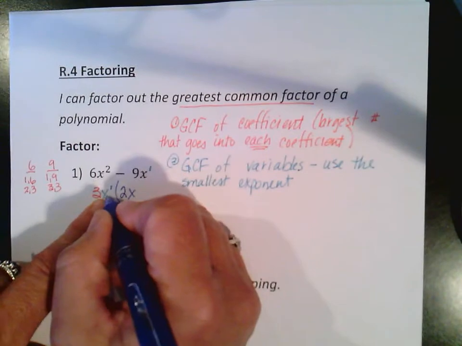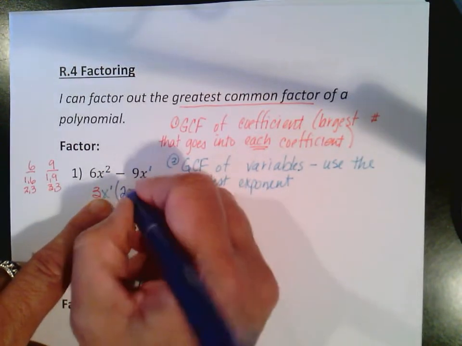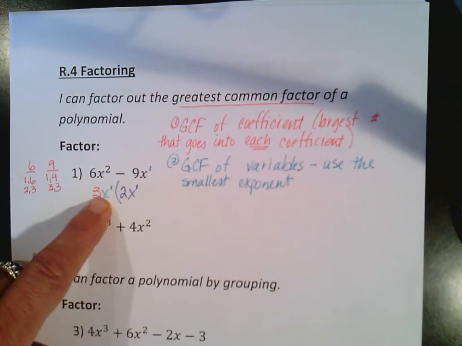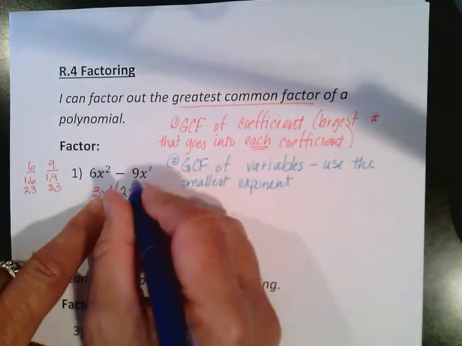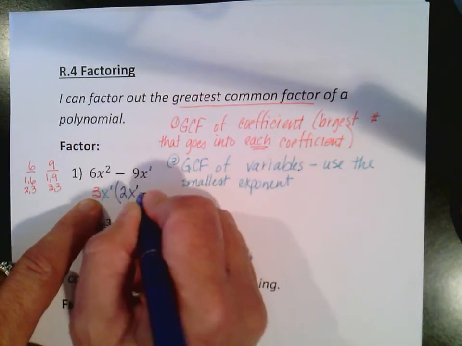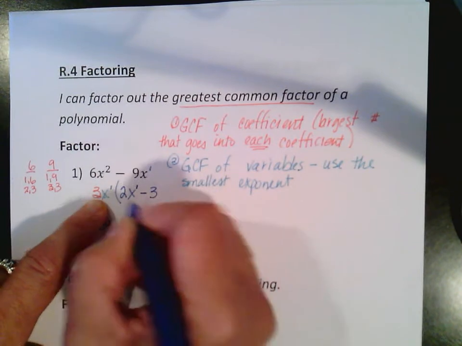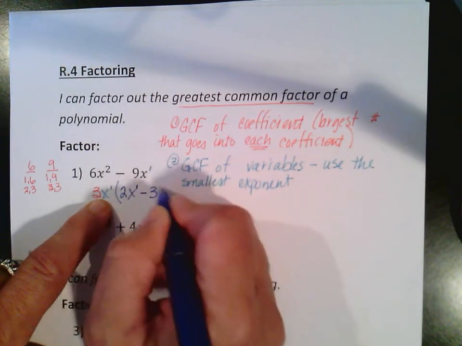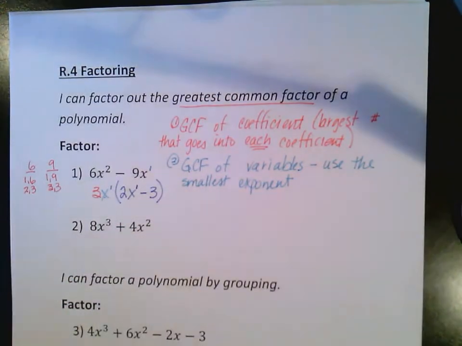So what times x to the first will give me x to the second? Well, I'd have to have another x to the first to get x to the second. And then this is going to be what times 3 gives me negative 9? Well, that would be minus 3. And what times x to the first gives me x to the first? Well, I have all I need, so I'm not going to have any more x's. So that's your final answer.